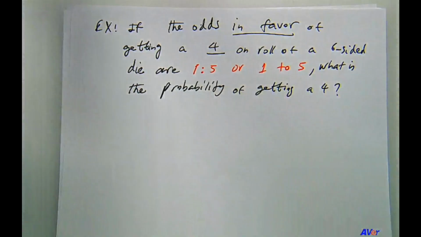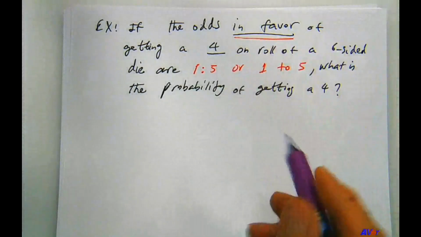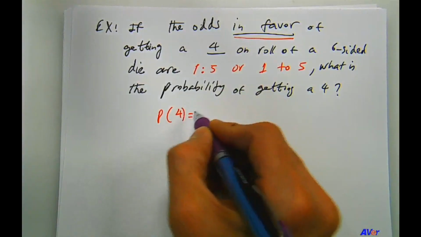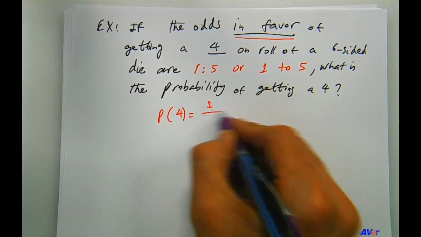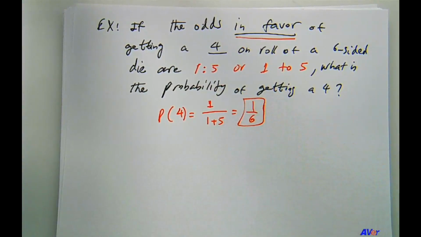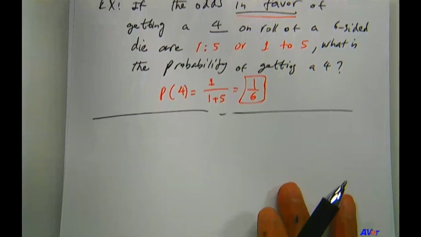So we're given the odds, we want to calculate the probability for it. Well, that's just simply probability that we get a 4. It's 1 over 1 plus 5, or 1 over 6, which we know that to be true, right? I picked an example so we could quickly connect it with what we already know. Okay, so having said that, these last two examples are extremely important.